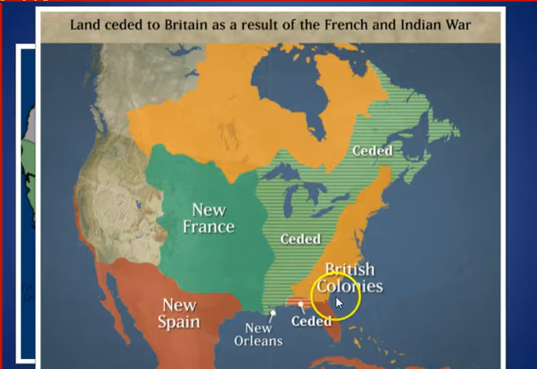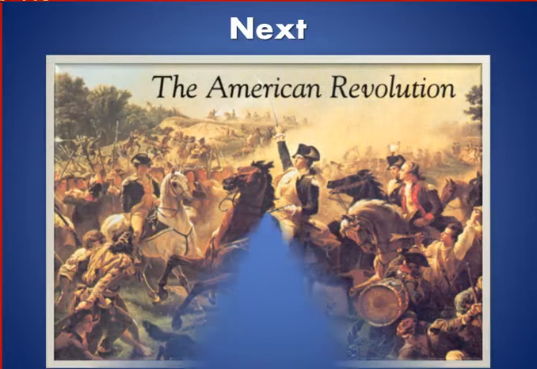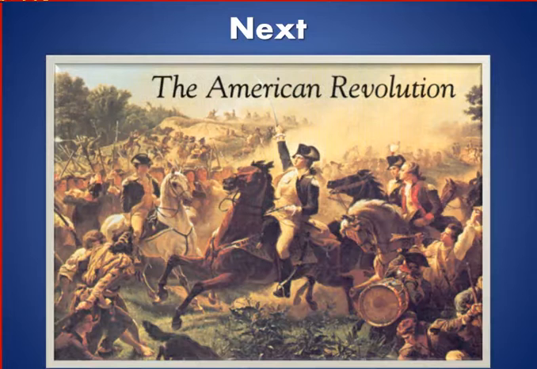That's very important: so much territory in America and Canada came under British control. So hopefully this map clarifies it a little bit. Now what all this is going to lead to, when the British have to pay for the war, is the American Revolution, and that will be our next topic.